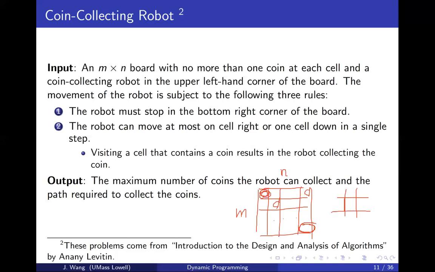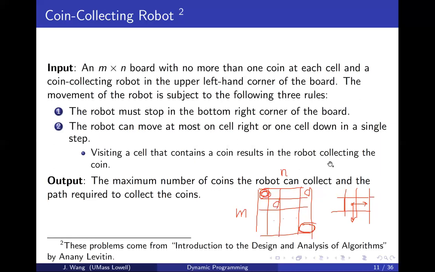From the current cell, you can either move 1 cell right or 1 cell down in a single step. Also, the assumption here is that visiting a cell that contains a coin results in the robot collecting the coin.